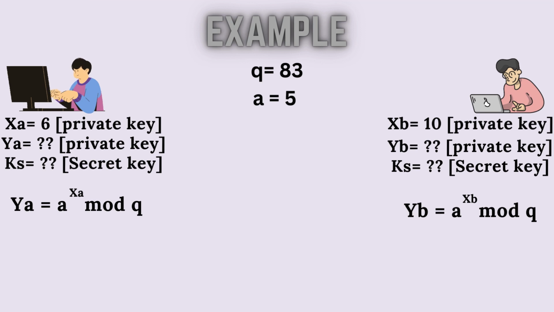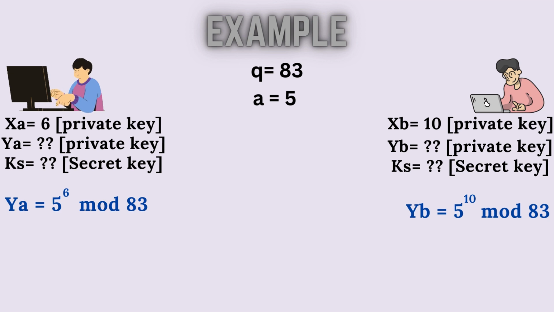We use the formula Y equals alpha power X mod Q. So 5 power 6 mod 83 for the first one, and 5 power 10 mod 83 for the second one. The public key for user A is 21 and for B is 11.